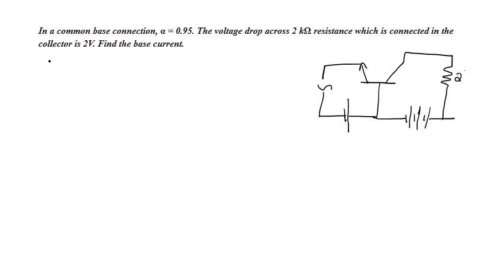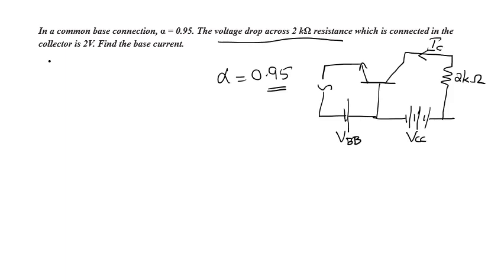So this value is 2 kilo ohm, and this is IC, with VCC and VBB. And the alpha value is given, that is 0.95, and the voltage drop across the 2 kilo ohm resistance connected at the collector is 2 volt.